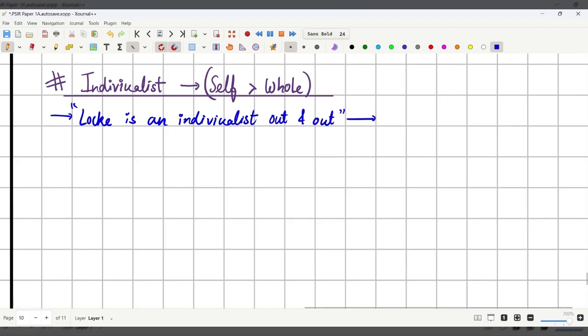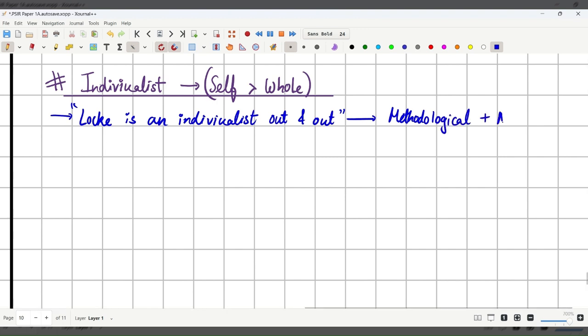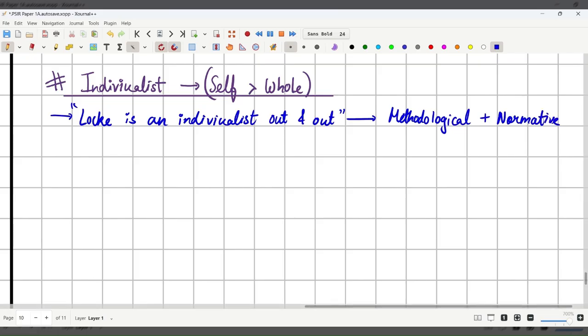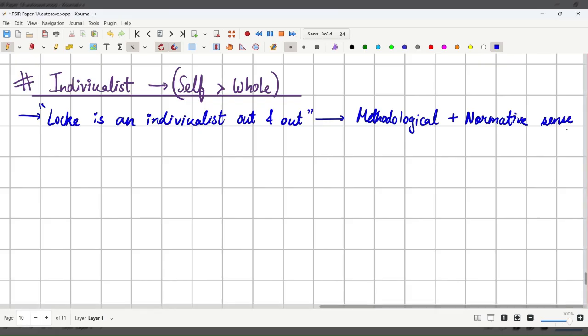Which means that Locke is an individualist both methodologically plus in a normative sense as well. Methodologically means he uses individualism as a methodology to describe his social contract, or to give his theory of social contract.